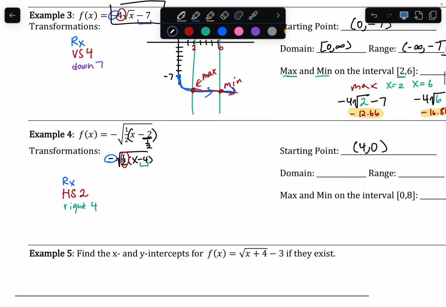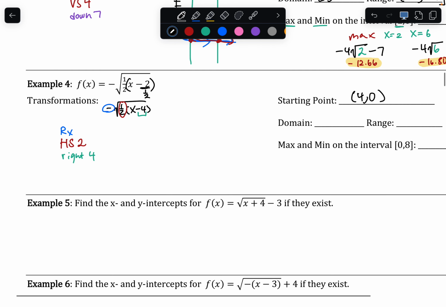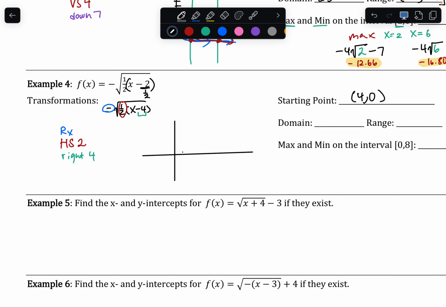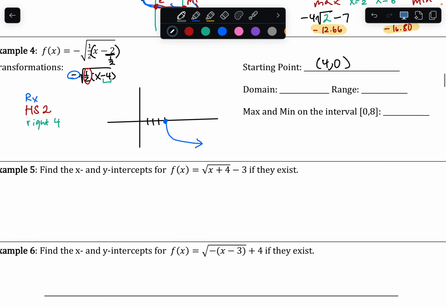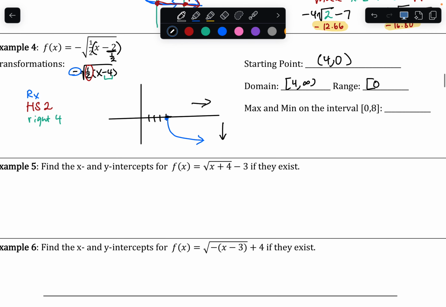We do have another reflection across the x-axis, and so as I draw my graph, I'm going to draw it to the right 4, but it is upside down. Okay, and so my domain is still going from that 4 to positive infinity because it's going to the right, but my range is going down. So it starts at 0, starting at 0, y equals 0, and going down. So we actually need to put the negative infinity first, always least to greatest.